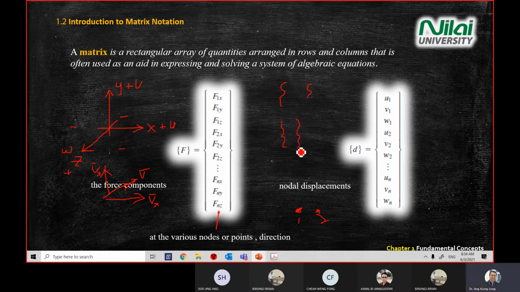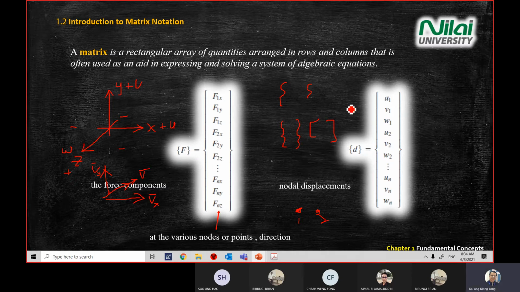You have the curly bracket and you have the square bracket for this module. When it comes to force and displacement, you use the curly bracket. And there are some special cases where you need to use the square bracket. Not complicated things for today to remember: if you deal with force and displacement, you use the curly bracket.